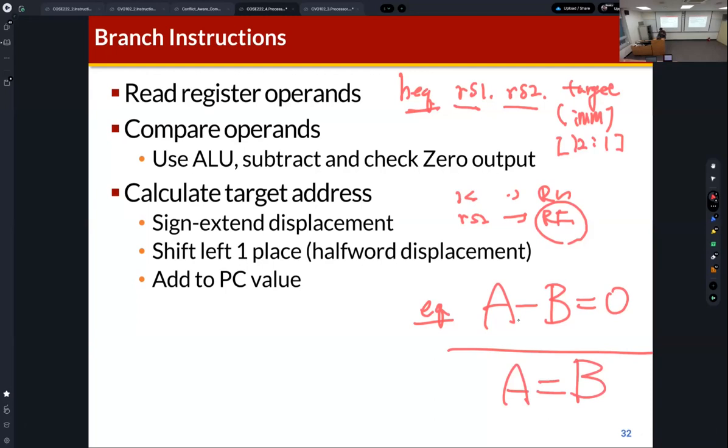So to check equality of 2 data, we can perform a subtract operation. The ALU also supports subtraction. Using the ALU, we can compare 2 source register operands. And if the result is 0, then it means these 2 data are equal.